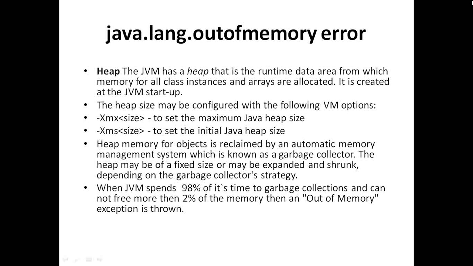Next, we come across one of the important problems which most Java programmers face these days, which is java.lang.OutOfMemoryError. So whenever we get an out of memory error or out of memory exception, we get frightened. What to do? So first we should understand that whenever any class is instantiated or loaded in the memory, what is that memory all about?